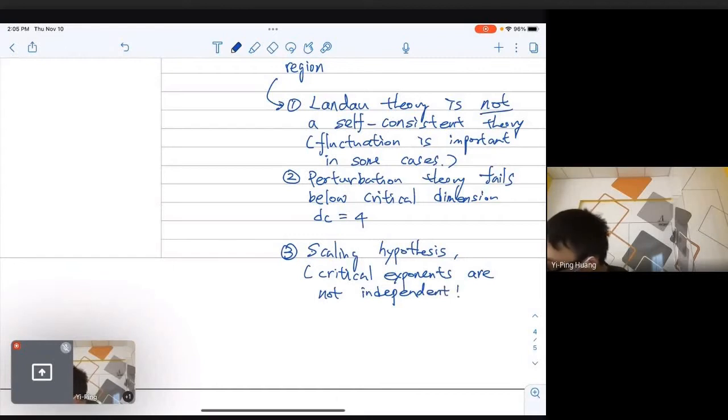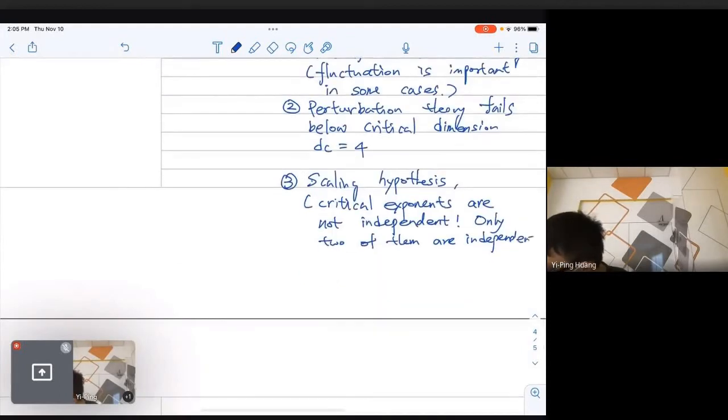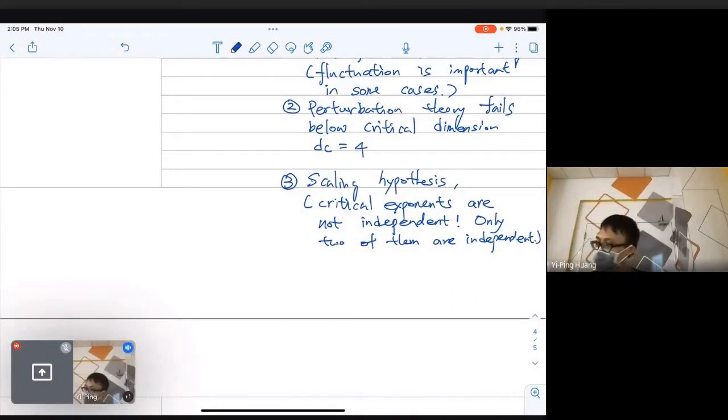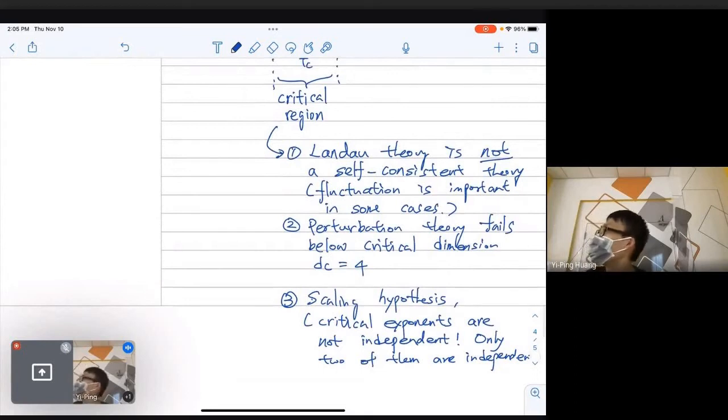In fact, only 2 of them are independent. That's the most important thing we have learned until now.